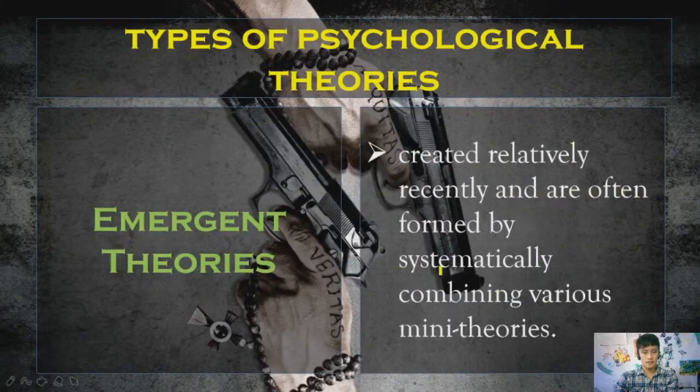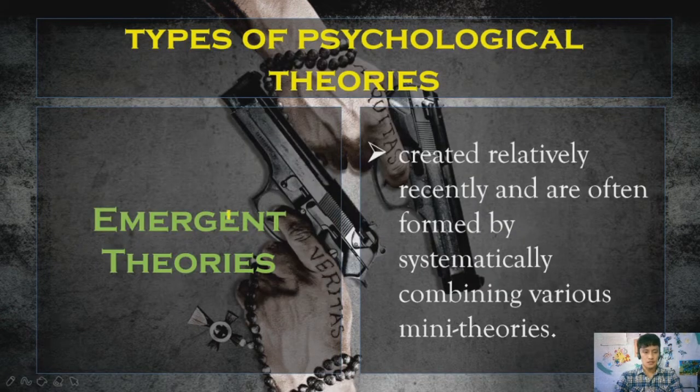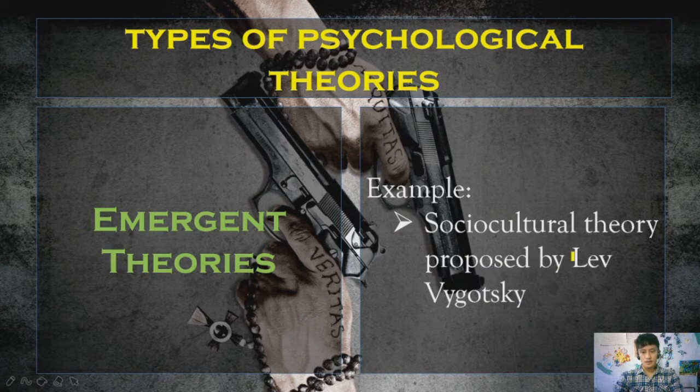And we have here the next one, the so-called emergent theories. When we say emergent theories, these are the current, the latest theories that have been formed. An example given here is the theory of Lev Vygotsky, his so-called sociocultural theory.